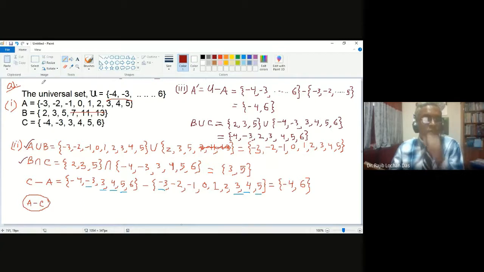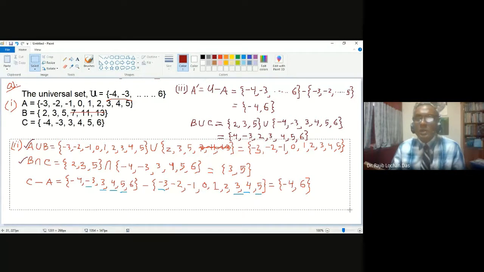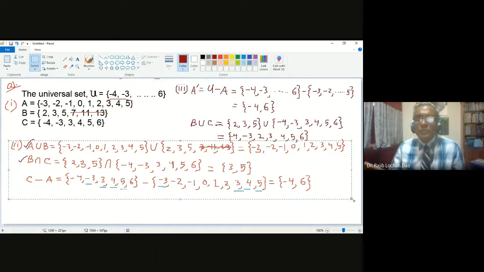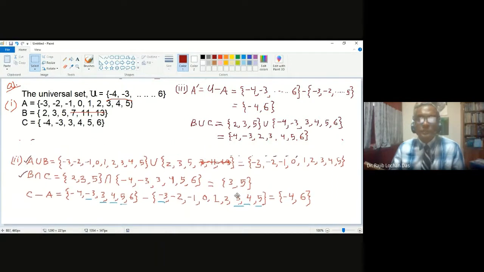Now, if you want to find B union C prime, that will be again in the same way, exclusion from the universal set.